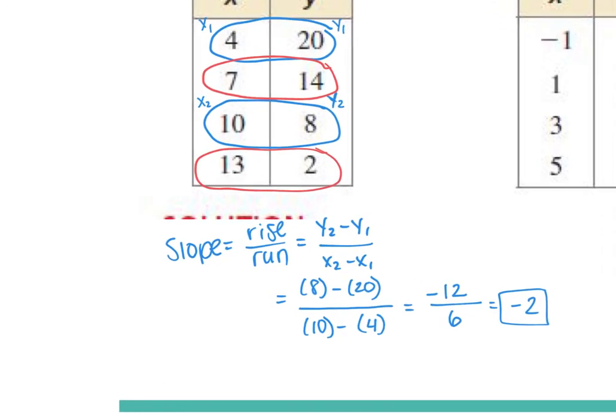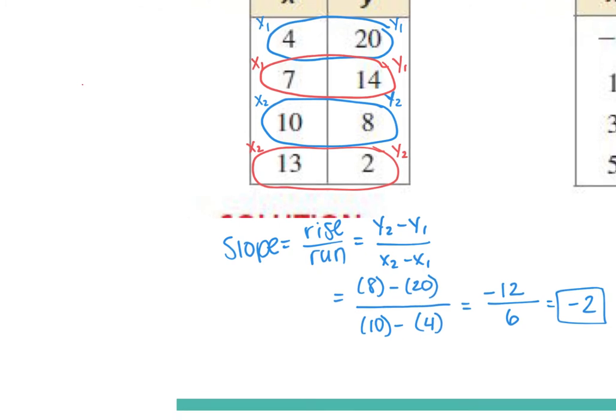So use a different color. Make 7 x1, 14 y1. Make 13 x2 and 2 y2. And we're going to plug it into the same formula. So slope equals y2 minus y1 over x2 minus x1.